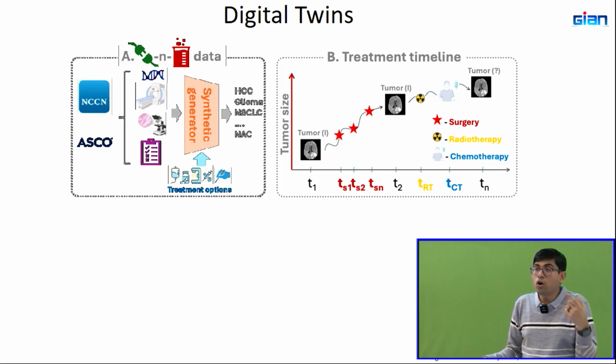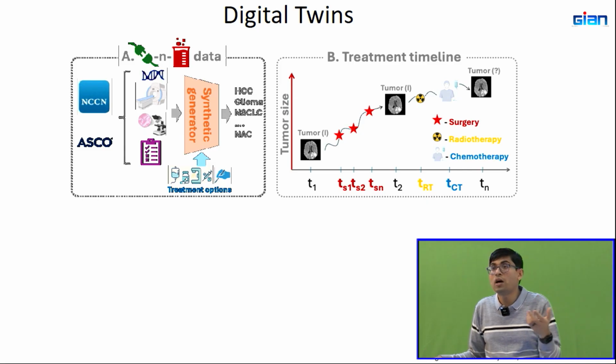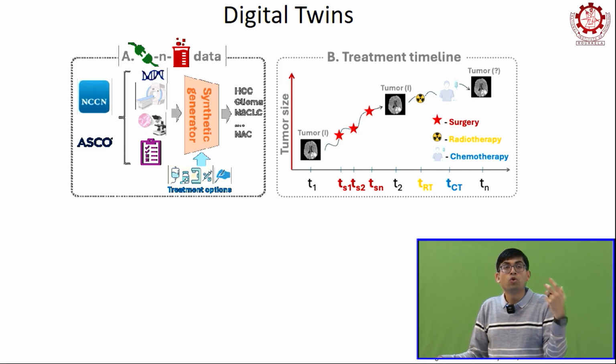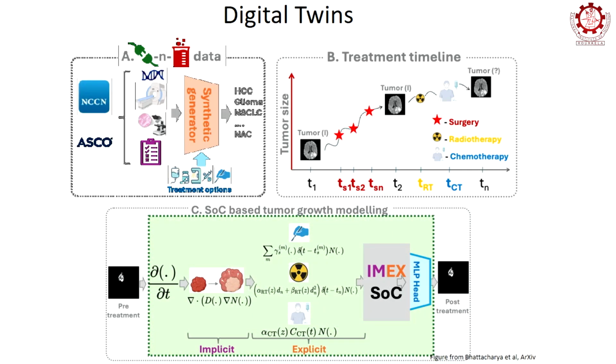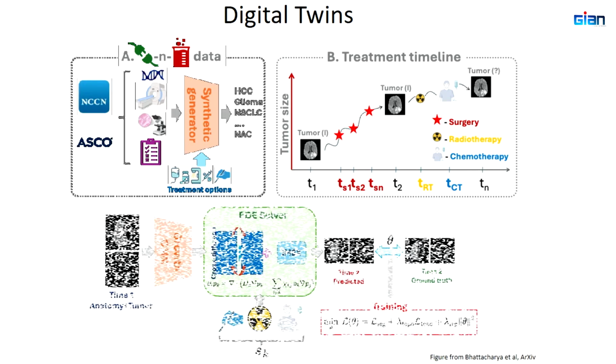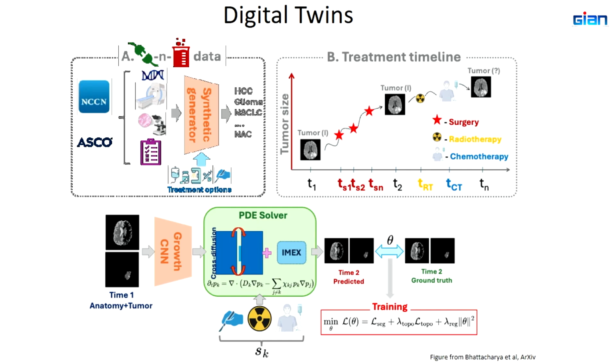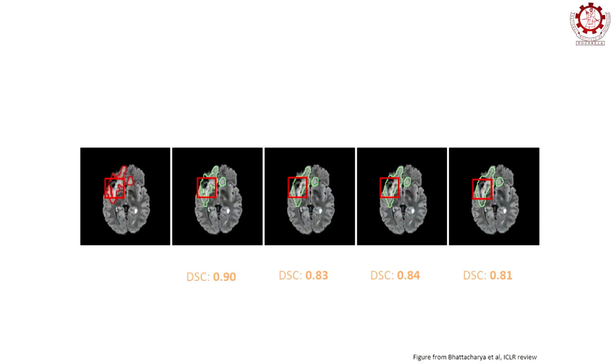So you can take all of this and develop your partial differential equation and combine it with deep learning models to predict how the tumor size will increase or decrease due to different treatments. So that's what we did here. I won't really go into details of this. You can always look that up in the paper that's currently on arXiv.